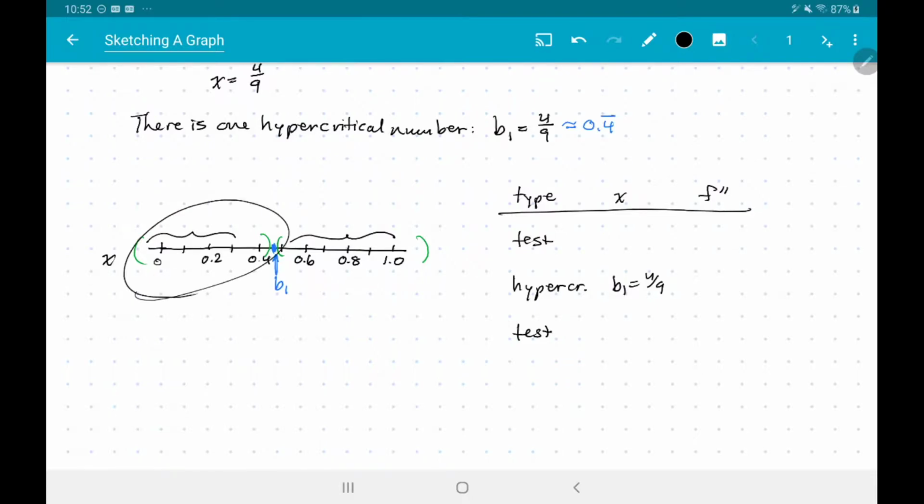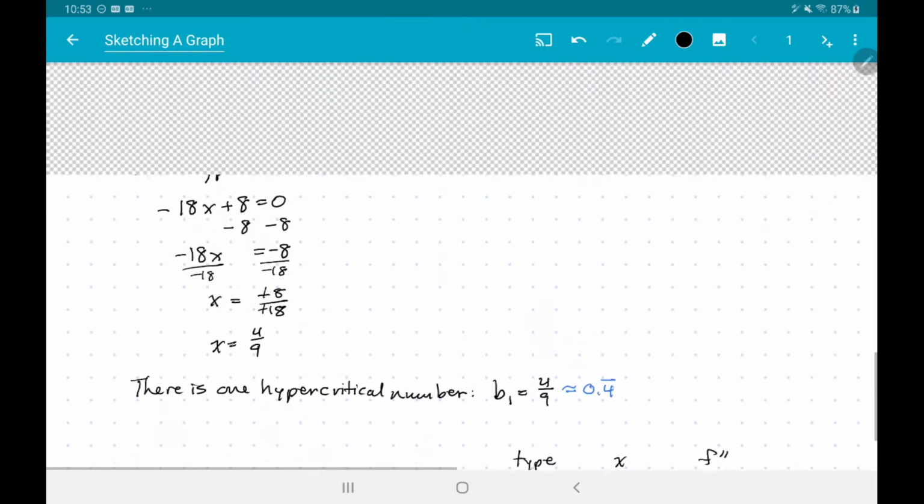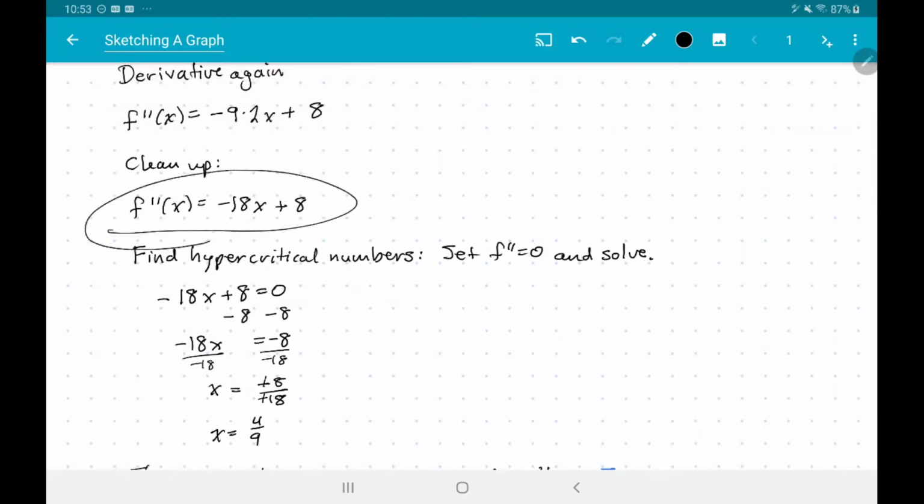In this first interval on the left, I can pick any number to test. 0's nice and easy. I'll do that. In the second interval there on the right, I can pick any number. I'll use 1 again. So there's f double prime.